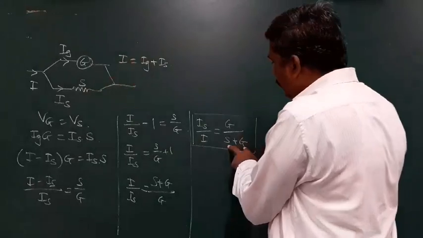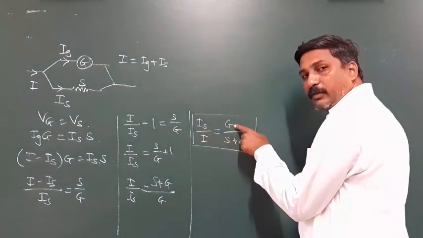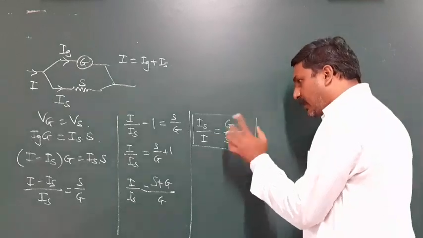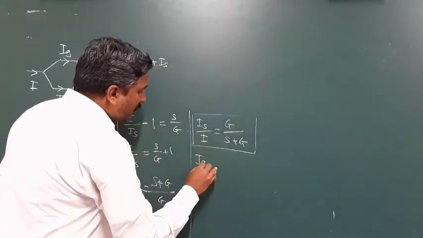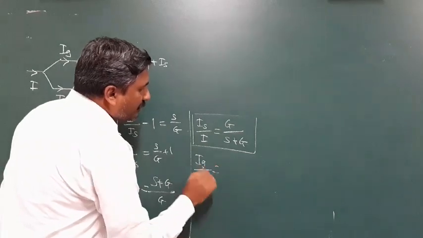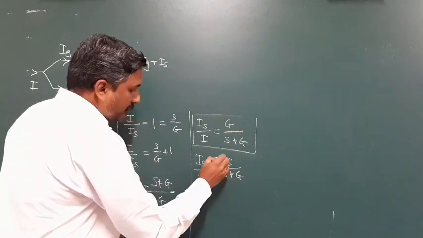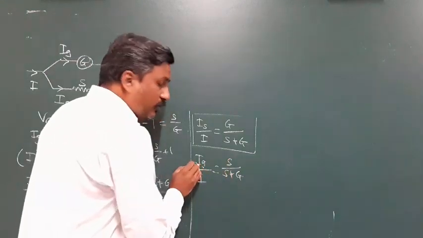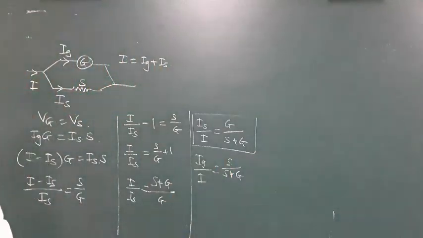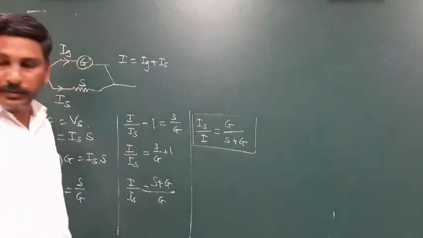There are two resistances. Since Is is the shunt current, the remaining term G is taken. Same formula: if the fraction of current passing through the galvanometer is asked, then Ig upon I equals S upon (S plus G). Total current, total resistance, Ig is the current through the galvanometer, so I am using the shunt. Now we substitute the values.